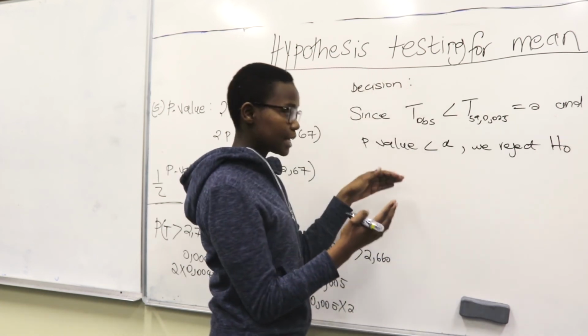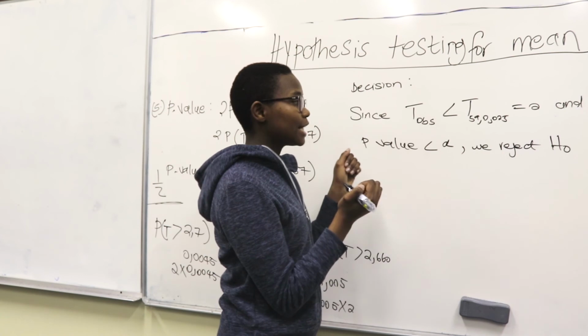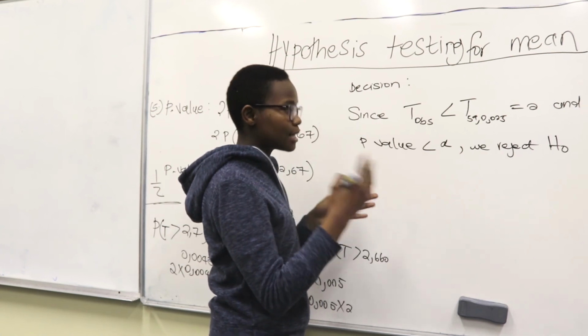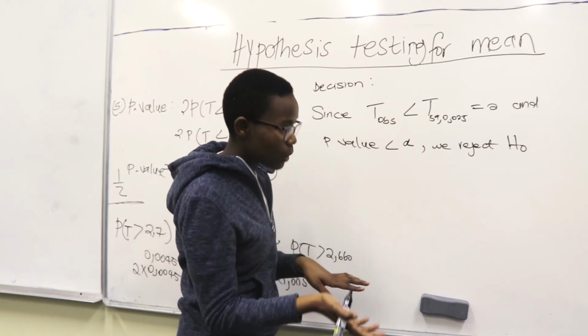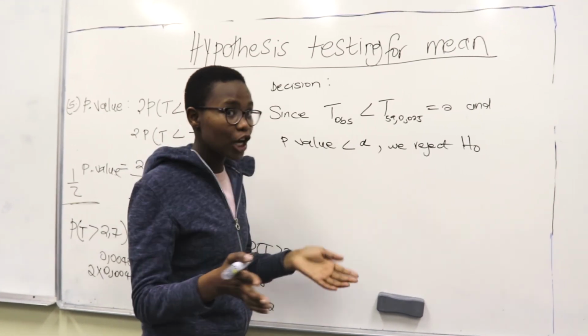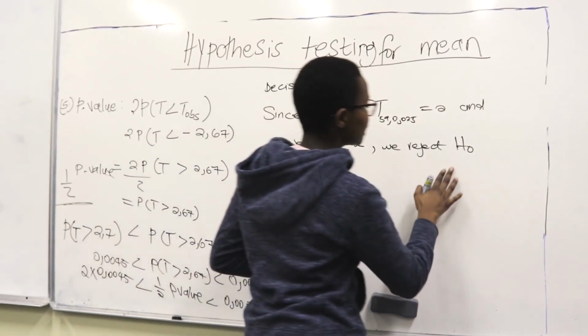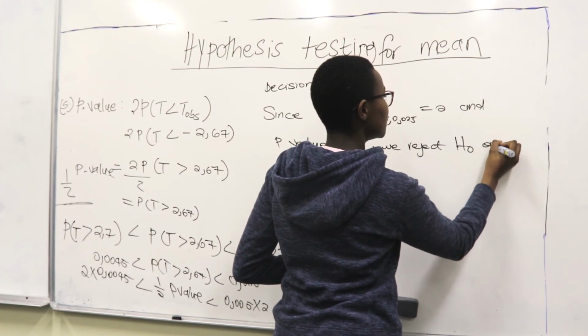So if we're rejecting H naught, that means that we are more like accepting H1. We're saying, okay, there is a change. So we reject H naught and conclude that we have sufficient evidence.